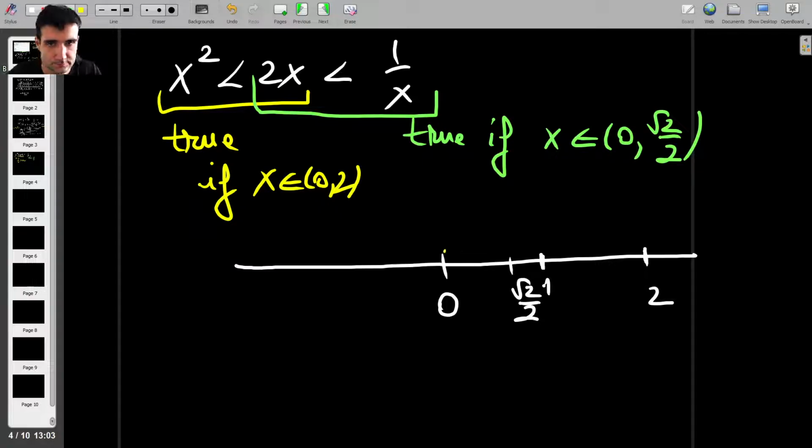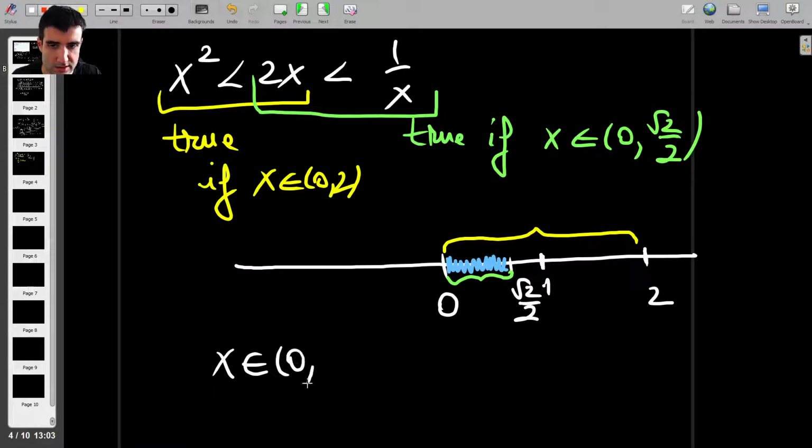So this range satisfies the first inequality. This range satisfies the second inequality, and the question is, where do both of them overlap? And the obvious answer is, of course, here. So this is the part that's in common, which means that if x is between 0 and root 2 over 2, then this whole double inequality holds.